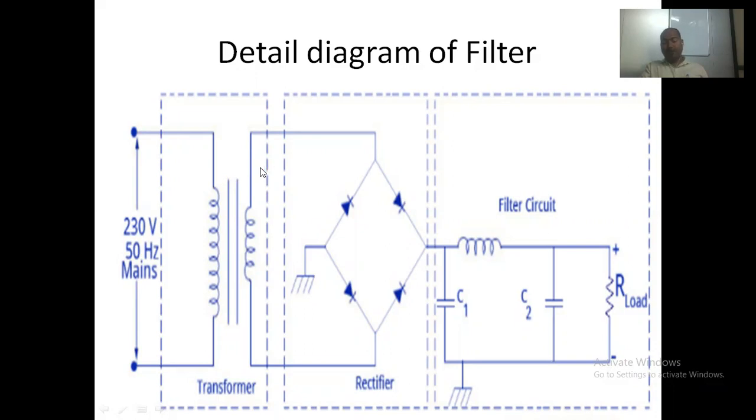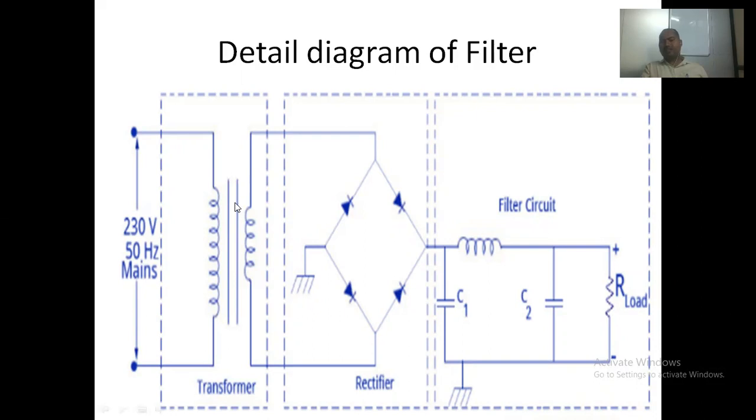One more thing with respect to this: is there a direct connection between primary and secondary? Please tell me. No, sir. Right, which type of linkage is there? It is called flux linkage.